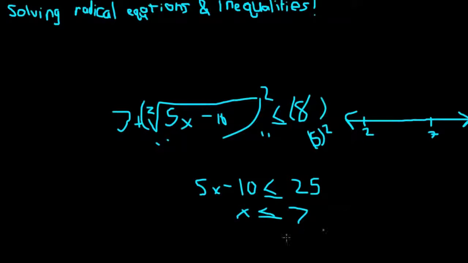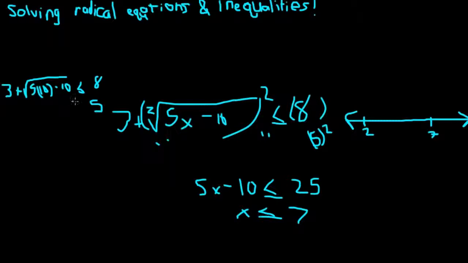So just as an example, we're going to do the one on this far side. So we're going to do 3 plus the square root of 5, plug in 10 for x, minus 10, less than or equal to 8. So we're going to do the same thing, minus 3, so that's 5, and this will stay the same.